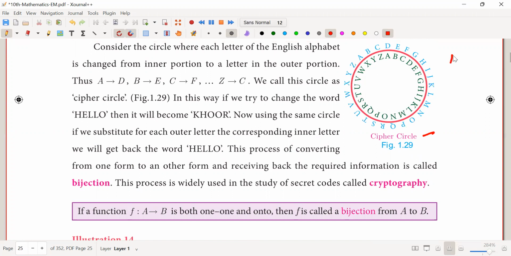If I'm writing SAI, psi, then for S, I'll be writing P, for A, I'll be writing X, and so on. Psi will be written like this. This is coding.